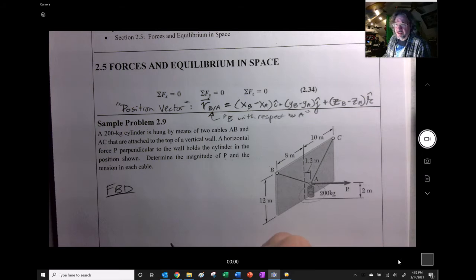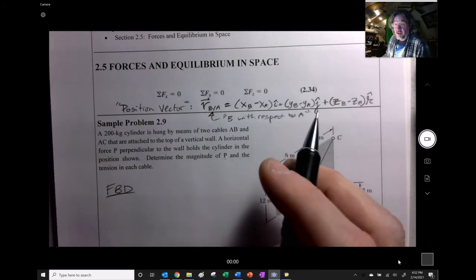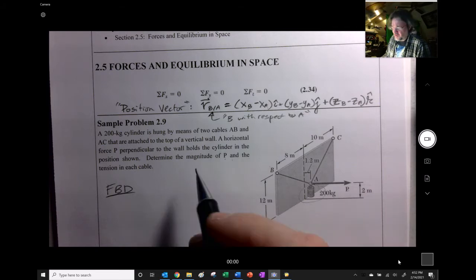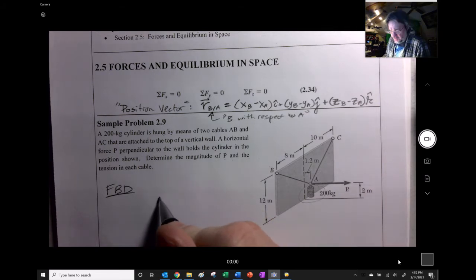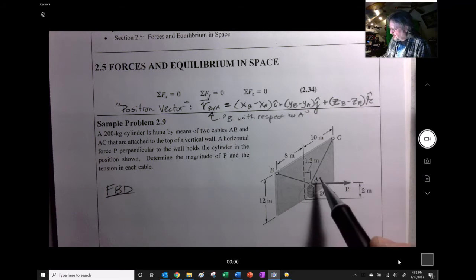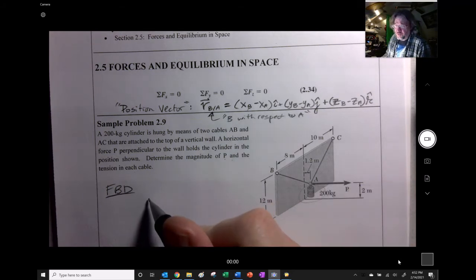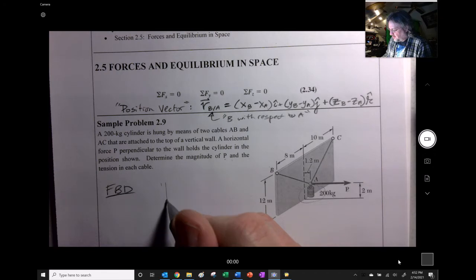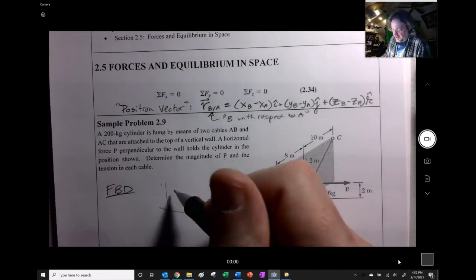Now, don't quote me as saying this because I'm a big fan of the free body diagram, but this problem almost doesn't need the free body diagram. We're going to use the vector treatment of the thing, but the free body diagram does help us think. And a lot of times for the 3-dimensional one, they will kind of cop out. It's not much of a free body diagram right here.